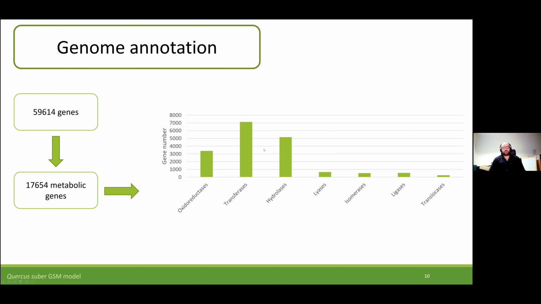So these are the 3 major enzyme families that are represented in this genome according to our annotation. And then we have less than 1,000 for all the other 4 classes: lyases, isomerases, ligases, and translocases. So these results are already really different, less balanced than the ones that we usually find for microorganisms.